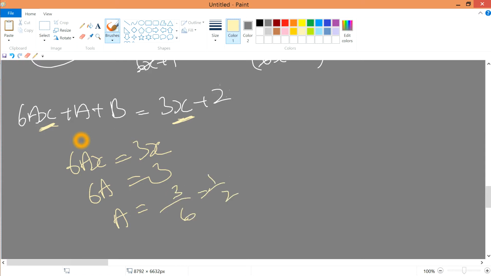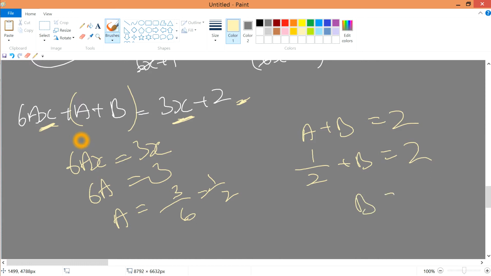Now let's take a look at the constants. There's no x over here, and no x over here also, this is just numbers, so a plus b equals 2, and therefore a is half, half plus b equals 2. We know that b is 1.5.